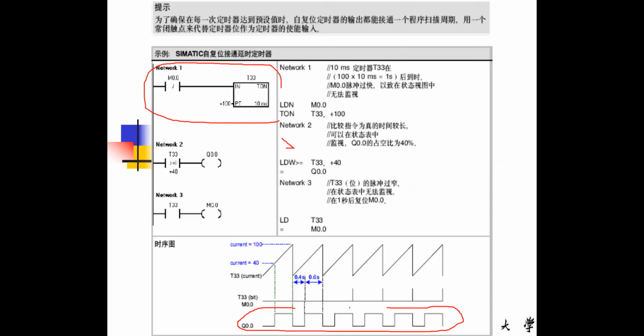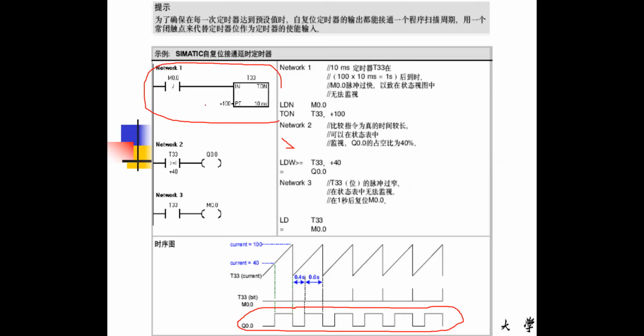We can use the timer to generate a square wave. So I will give you an example.